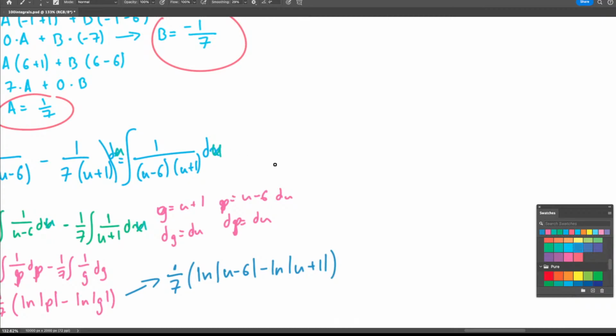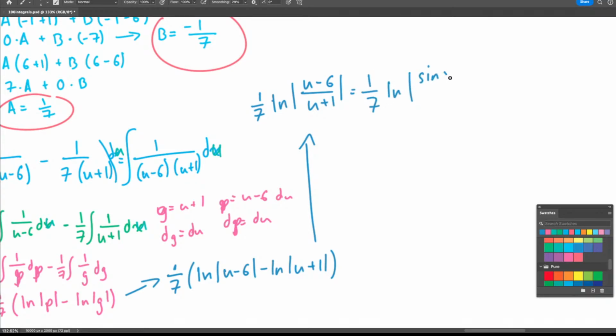So this becomes 1/7 of natural log of (u minus 6) over (u plus 1), which equals 1 over 7 natural log of (sine x minus 6) over (sine x plus 1). Voila.